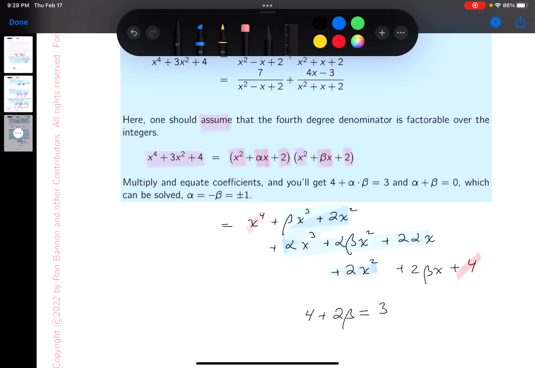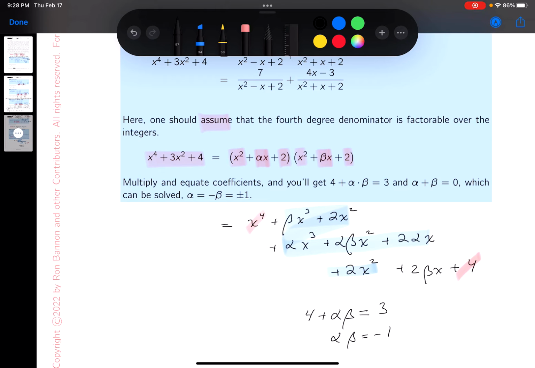So I'm thinking to myself, can I get that? Let's take a look at that. Oh, I'm sorry, I made a mistake. It's not a 2. My error. I gotta correct myself. That was not a 2. It was an alpha. That's my poor penmanship, by the way. So 4 plus alpha beta must be minus 1.